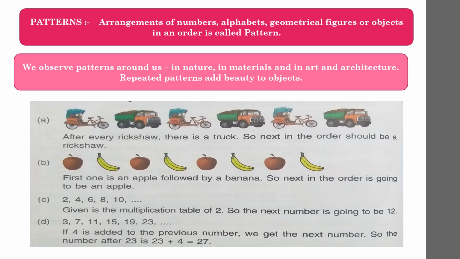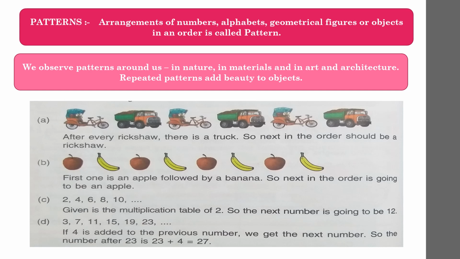We observe here, after every rickshaw there is a truck. Next, in an order, after the truck again there is a rickshaw. So the arrangement of rickshaw, then truck, again rickshaw and truck is a pattern. And you can see there is an order of arrangement.